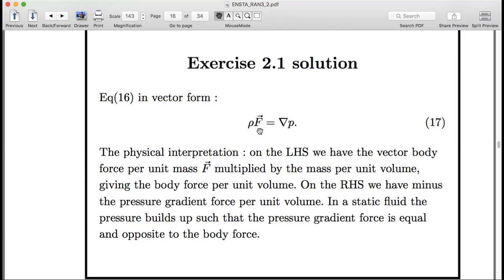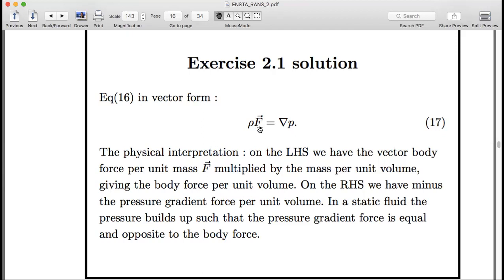Remember, we started from a static fluid. So its velocity is 0, and it's staying that way. It's not accelerating. We used right from the start that it's a static fluid, and so we want the sum of our forces to be 0, right?